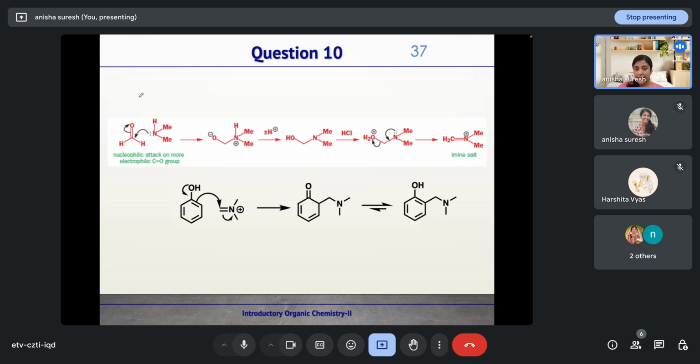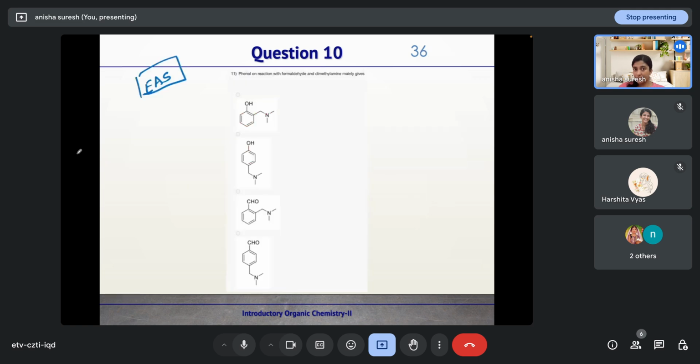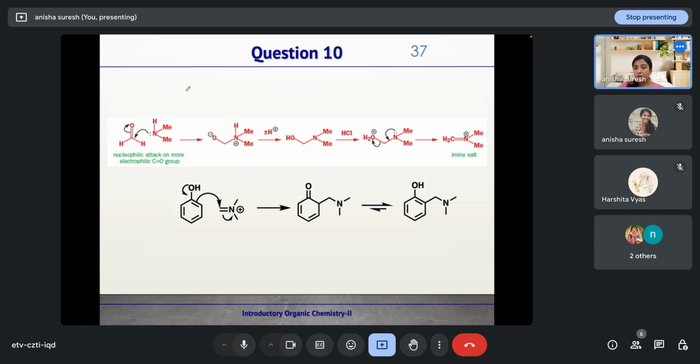So coming to the mechanism. So first, in the presence of dimethylamine and this formaldehyde as given the reagents, what will be forming? So nucleophilic attack on the more electrophilic carbonyl group will take place. So the lone pair on nitrogen can attack this carbonyl carbon and it will generate this species.